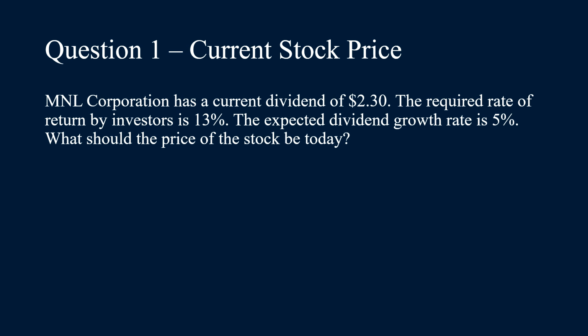So if we take our formula, we have the price today is equal to the current dividend times 1 plus the growth rate, and we divide that all by the required rate of return minus the growth rate. So now we just plug in the numbers, and our current dividend is $2.30.